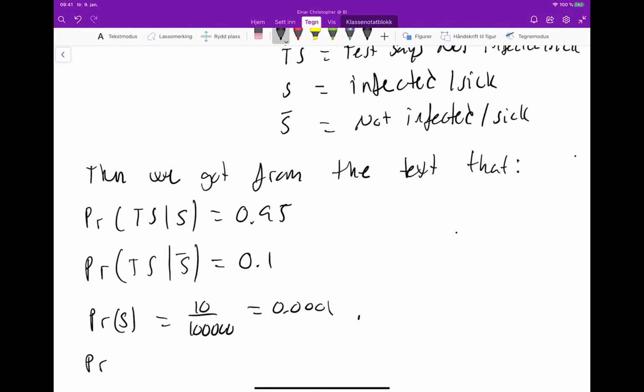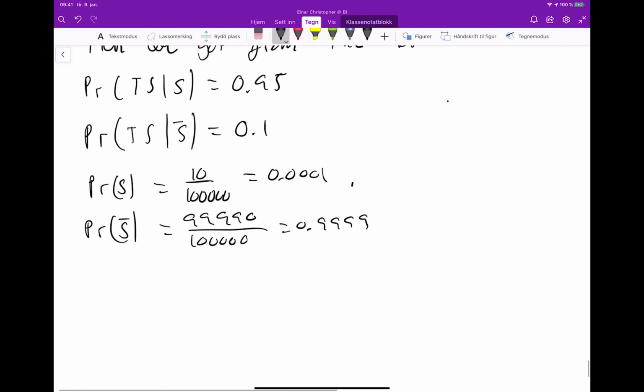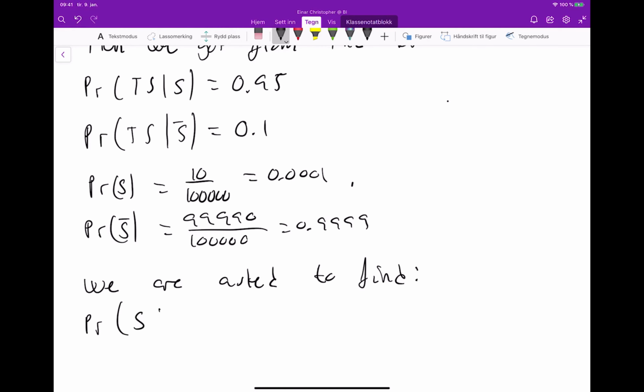And the probability of being not sick or infected, that's of course then 99,990 divided on 100,000, which is equal 0.9999. So, what are we asked to find? We are asked to find the probability of being infected or sick given that the test says you are sick.